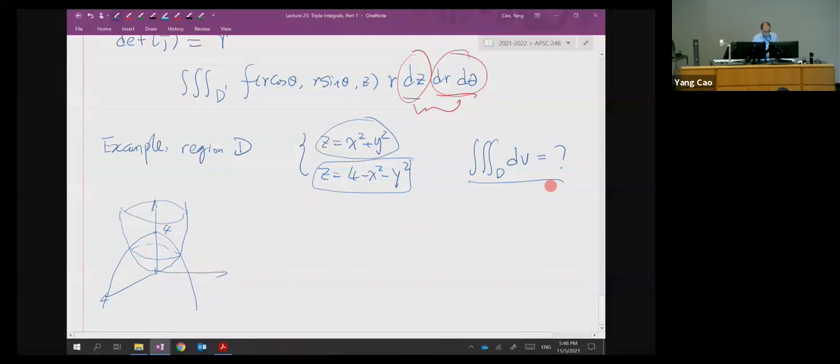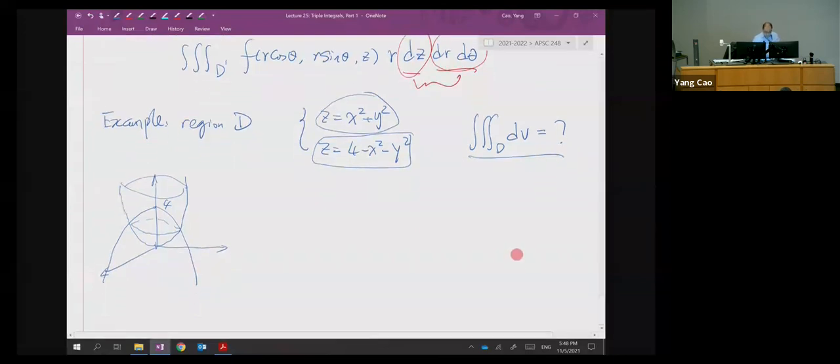Okay. Now, you can certainly use Cartesian coordinates. So you can try it in Cartesian. If I try Cartesian coordinates, let's say I use dz, dy, dx. Okay, if this is the order. But before we look at the limits here, remember the steps.